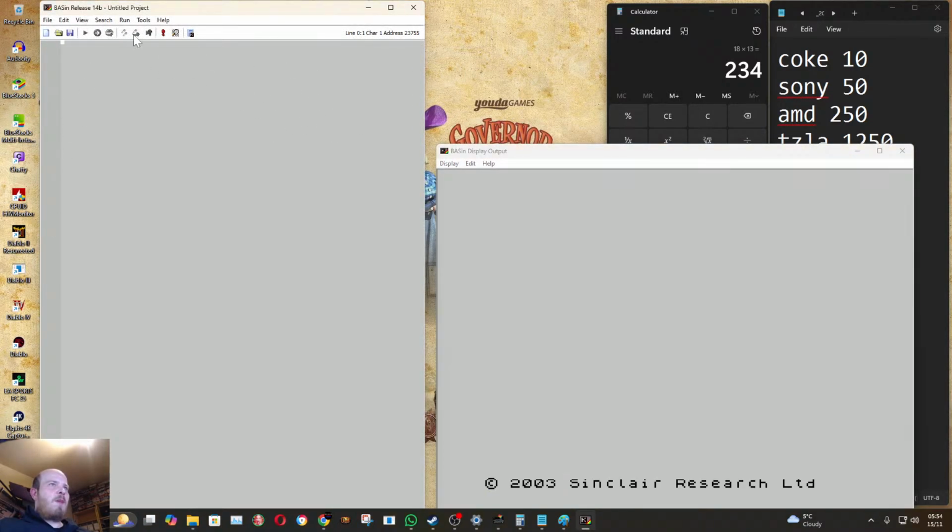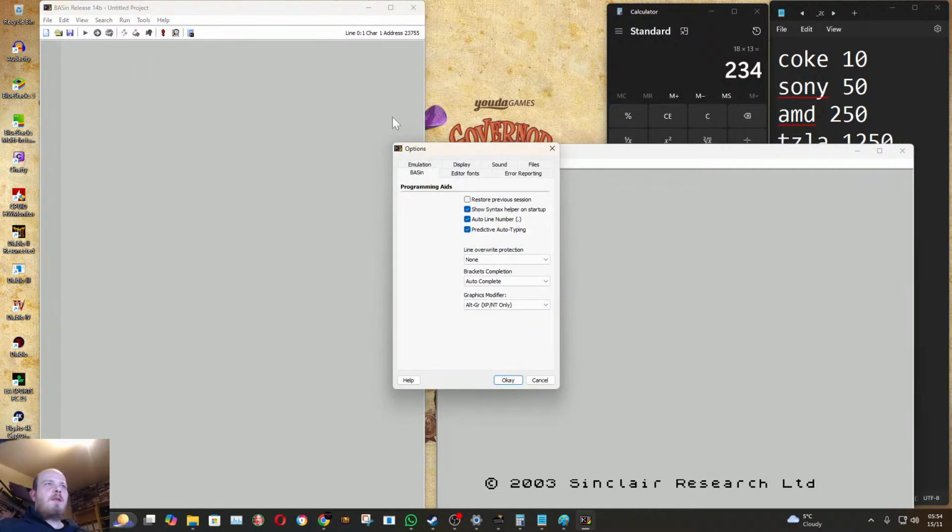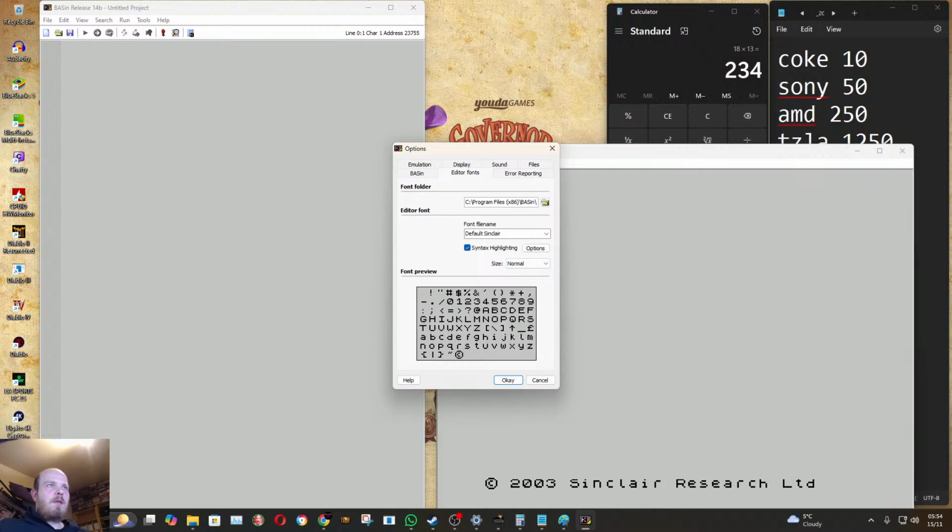But it's going to have gone back to tiny, but never mind. These fonts are stupid.